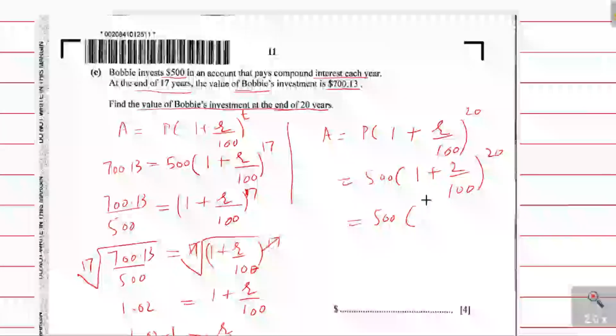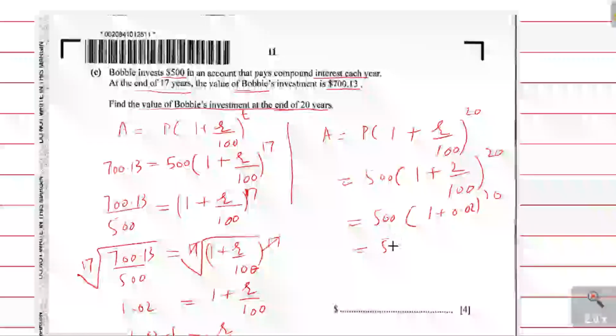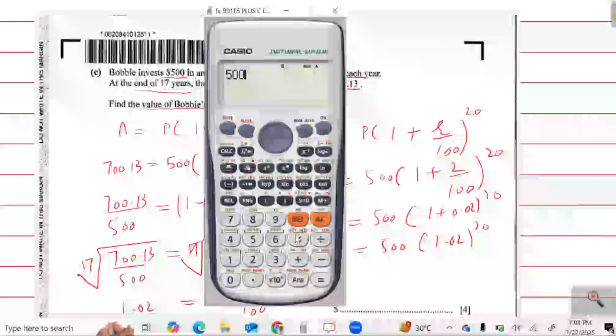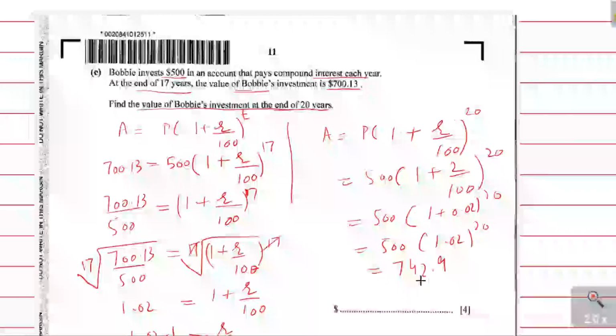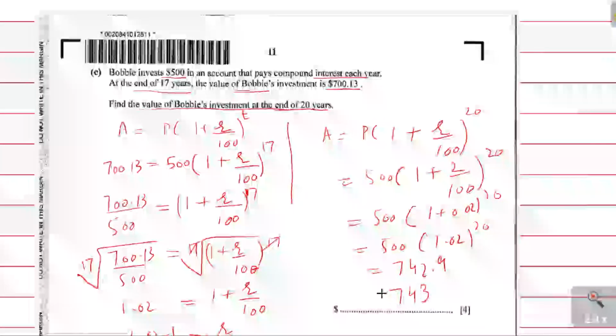This is 500 into (1 plus 0.02), and this will be equal to 500 into 1.02 whole power 20, and we can calculate 500 multiplied by 1.02 whole power 20, and this is 742.9, and to three significant figures the value is 743 dollars. This would be the total investment after 20 years.